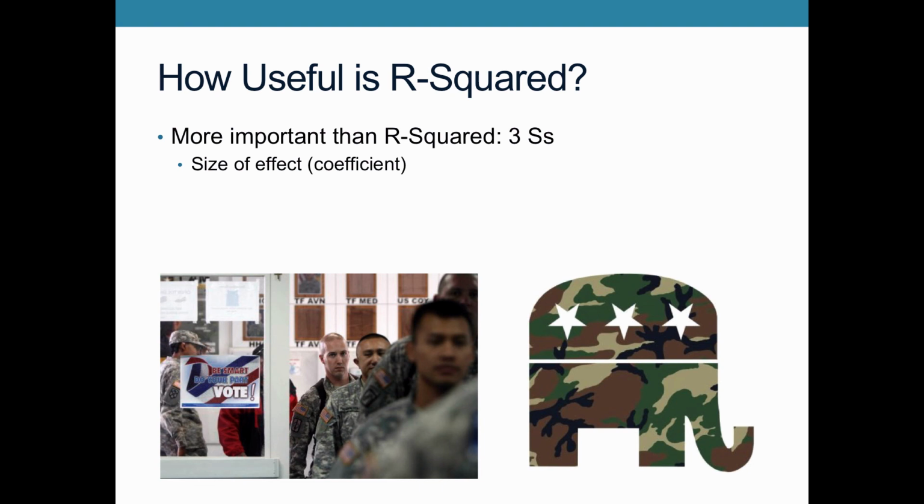How much does your change in the independent variable lead to a change in your dependent variable? So remember, with the military example, I said that serving in the military makes you 3 times more likely to vote Republican. That's a big size of the effect. Next, the sign of the effect. Is it positive or negative? This is basic but really important. Does serving in the military make you more or less likely to vote Republican?